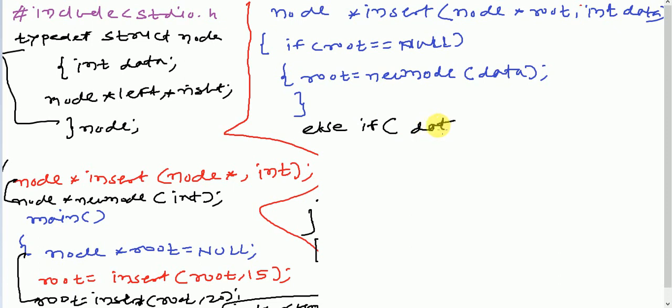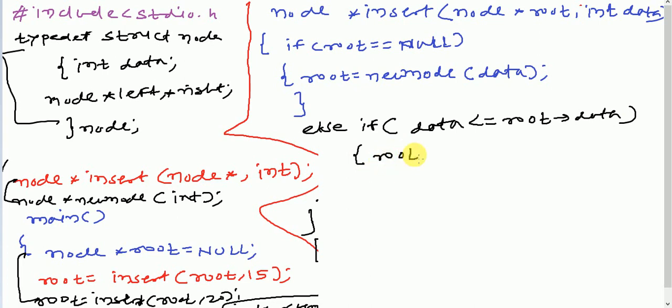If data is less than or equal to root of data, then what we'll do, we will recursively call the same function, and then we are supposed to go to the left part of the root.